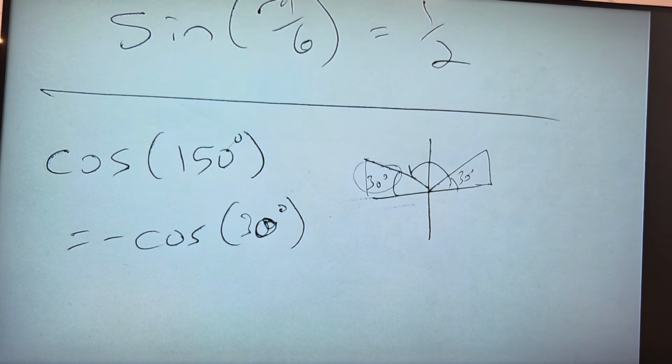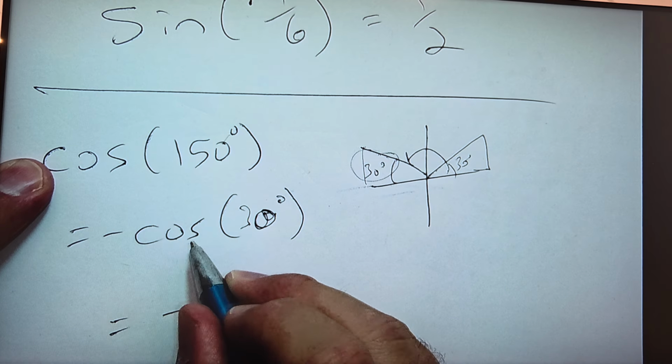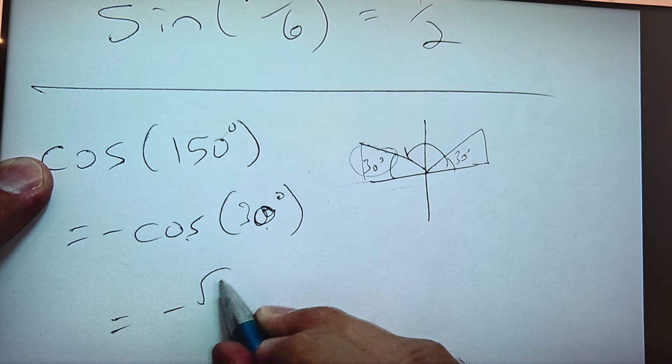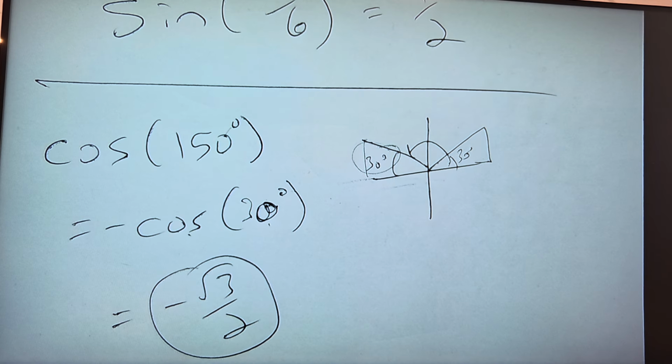It's just got a negative x side length. So the number answer to this is the same as the number answer to this. It's negative just because I'm somewhere where x is negative. So if you know cosine likes x, you know when it's negative. What is cosine of 30 degrees? Yes, because cosine likes x. 30 is closer to the x-axis. It's bigger.